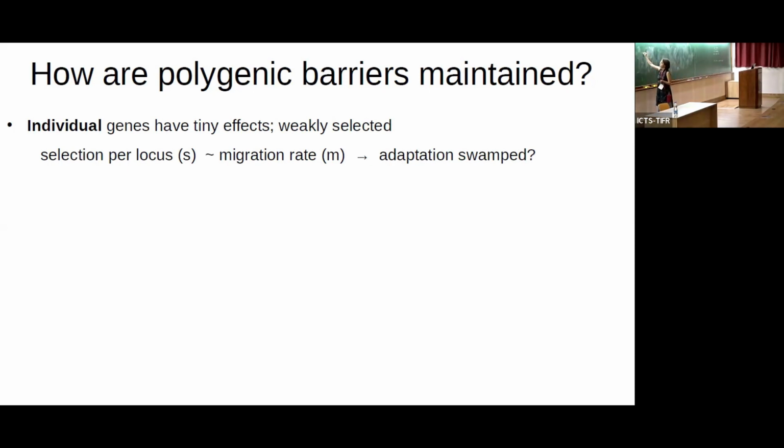If the strength of selection favoring one allele is s, typically we expect that at migration-selection balance, if we just consider any one locus, you can maintain differentiation between these two populations only as long as selection is stronger than migration. So this could be quite a stringent condition for any individual locus, because with polygenic traits, individual loci often have weak effects.